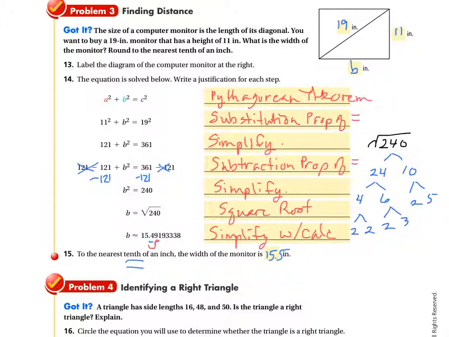Can't I make a pair of 2's and another pair of 2's, and then I have a 3 and a 5 left over? So what is 2 times 2? So we get 4 radical, and then what's 3 times 5? 15. So the exact width would have been 4 radical 15.